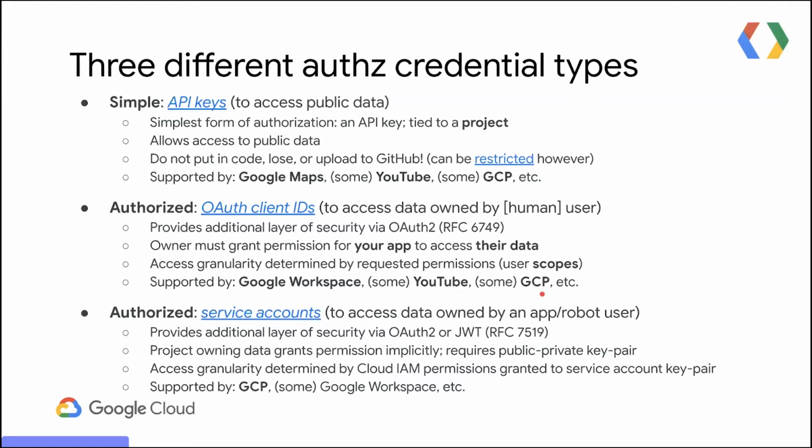You can use OAuth client IDs as well. But typically when you're in the cloud, you're using the other type of authorized credential, and that is a service account. This is to access data that is owned by an application or some kind of robot user. These are mostly for cloud platform APIs, although some Workspace APIs accept these as well. I just wanted you all to be aware of these different credential types because, depending on what you want to access and who that data belongs to, you have to pick the right one.